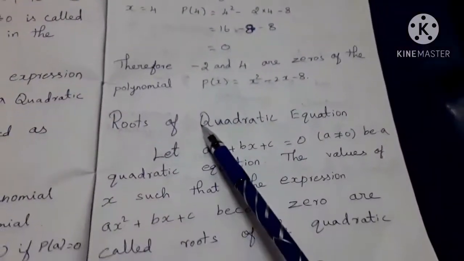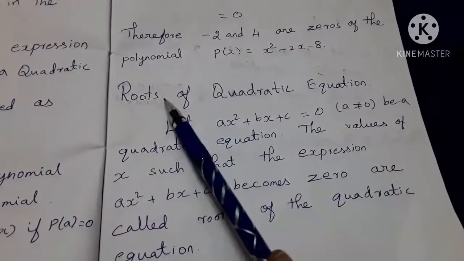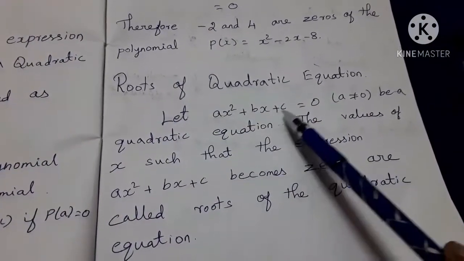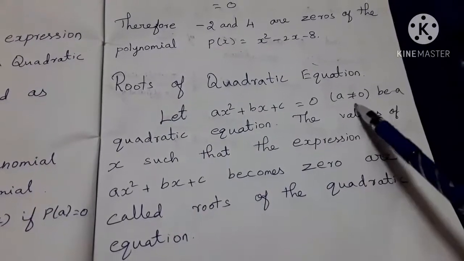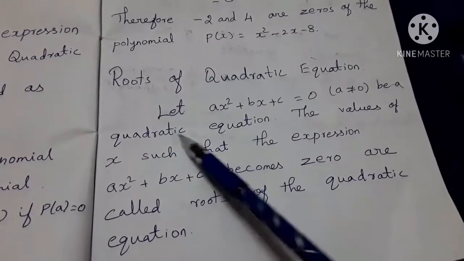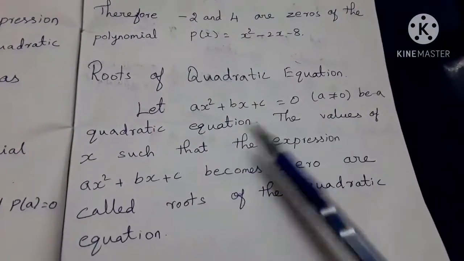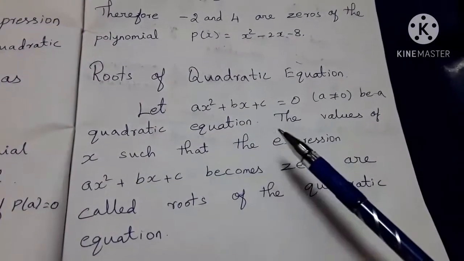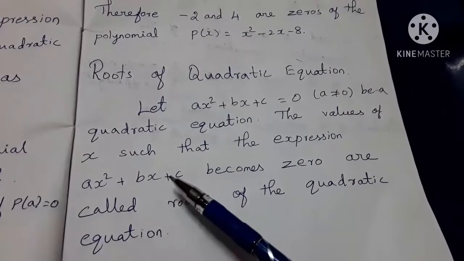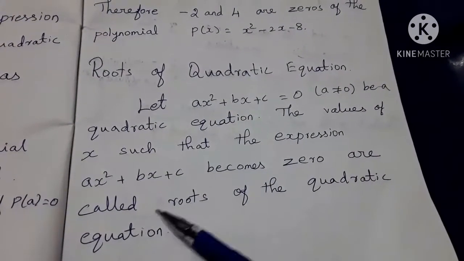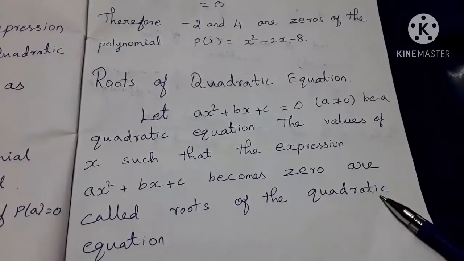Next, roots of the quadratic equation. So what are the roots of a quadratic equation? Let ax squared plus bx plus c equal to 0, a not equal to 0, be a quadratic equation. The values of x such that the expression ax squared plus bx plus c becomes 0 are called roots of the quadratic equation.